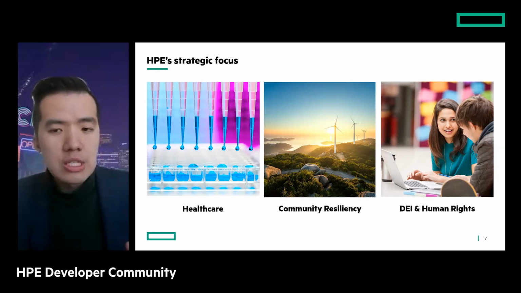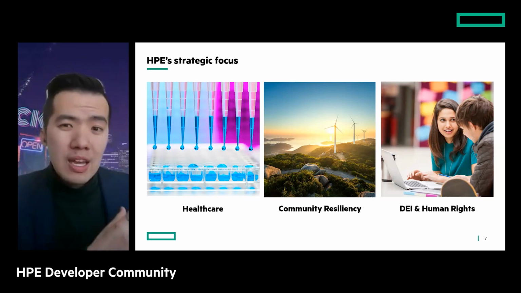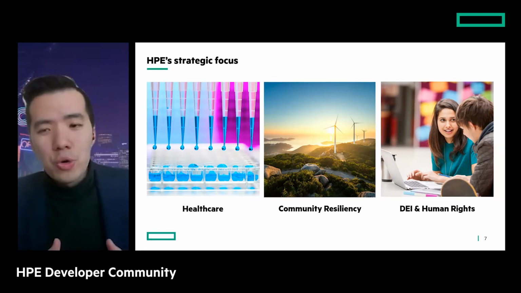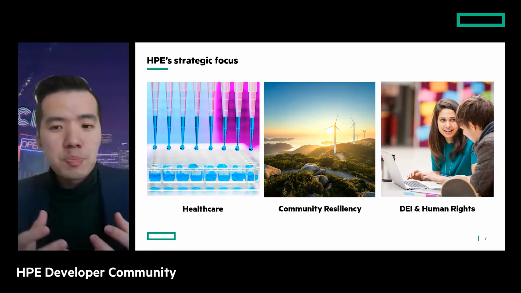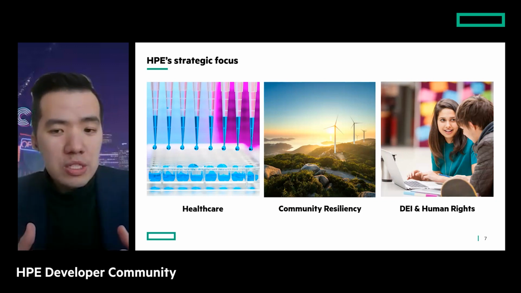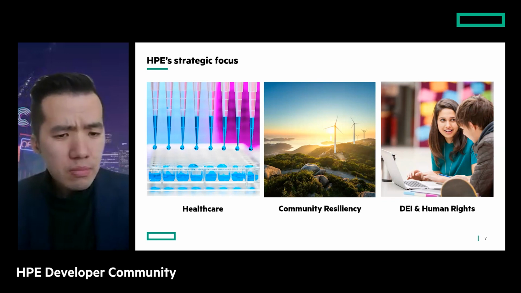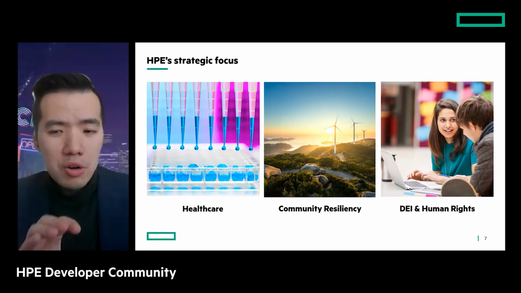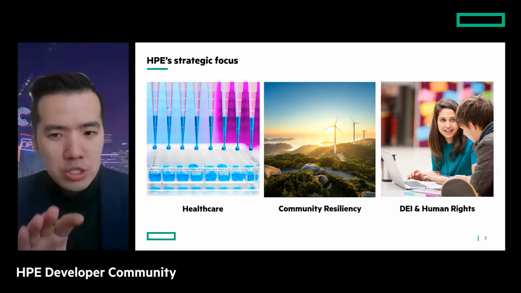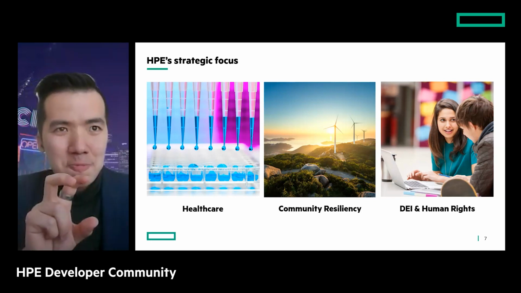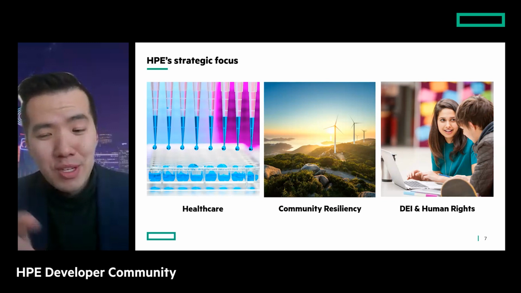So our technology is used in many ways to improve the speed and accuracy of disease diagnostics, for example, or to increase the speed and accelerate phases of drug discovery. So great potential of technology to do good. On the other hand, technology can also be a bane.